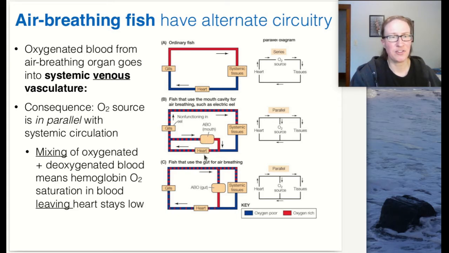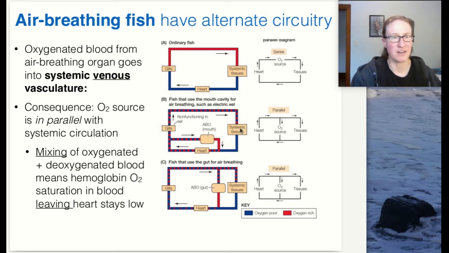Collectively, this is helpful, but as I note over here on the left-hand side, because of this mixing, the oxygen saturation in the blood leaving the heart is still relatively low. This might provide some little boost, but it's not going to swamp out the deoxygenated blood coming from the systemic tissues.